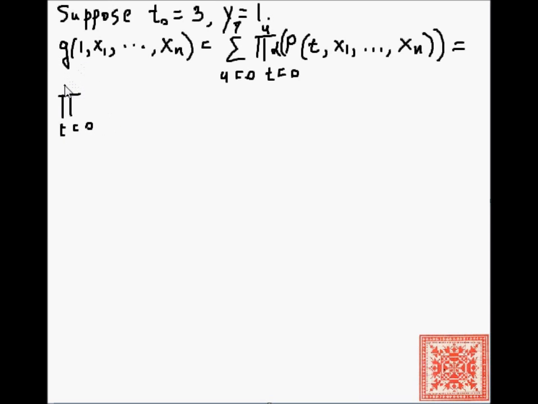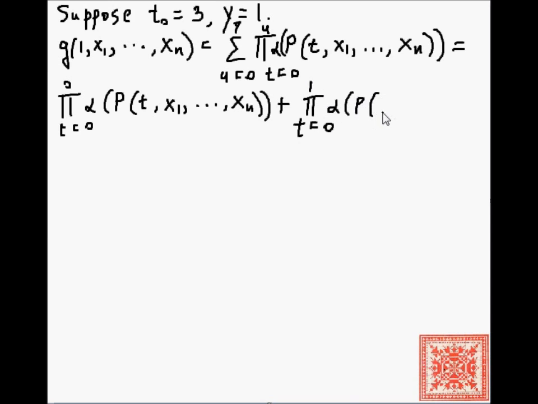the product from 0 to 0 of alpha p t x1 through xn plus the product from 0 to 1 of alpha p of t, x1 through xn, and that's it.